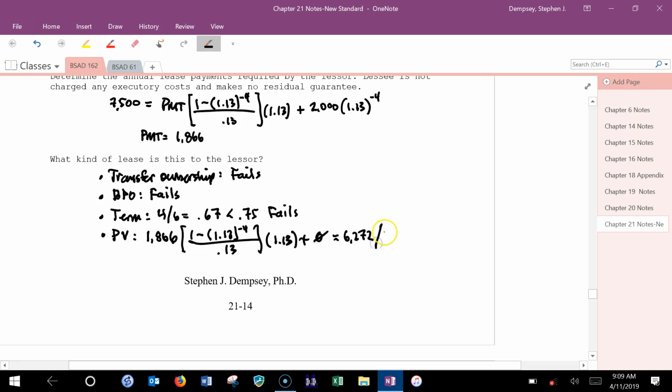And as a percentage of the value of the asset, which is 7,500, that's 83%. Well, 83.6%. Does it meet the 90% test? No. Less than 90%. Fails.